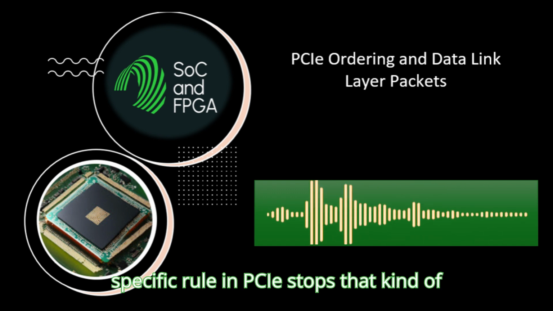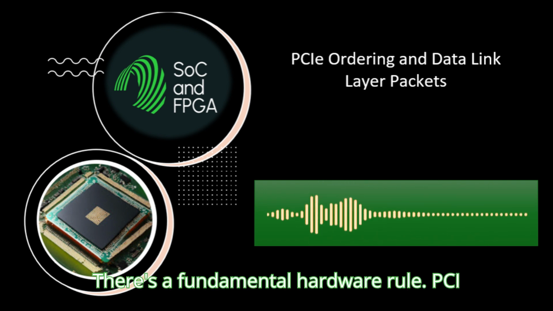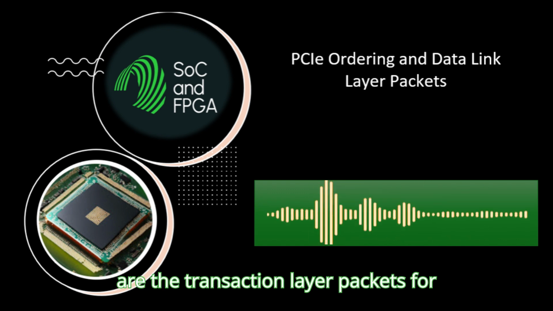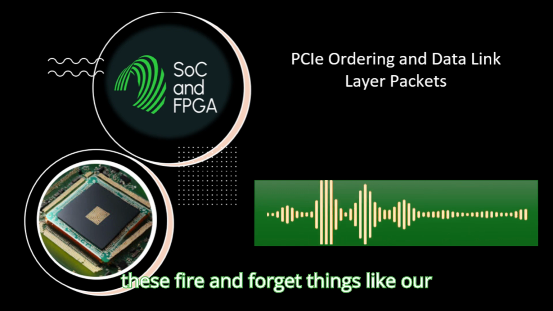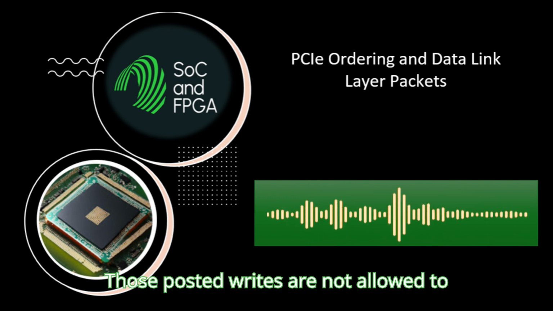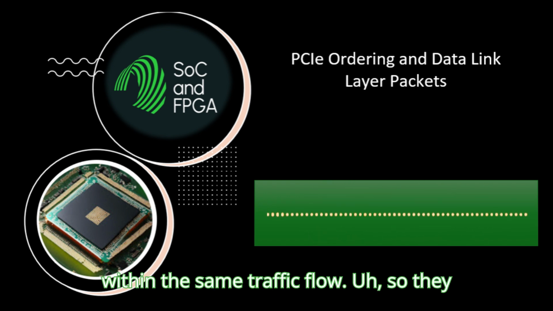So what specific rule in PCIe stops that kind of mess with these fire-and-forget writes? There's a fundamental hardware rule. PCIe specifies that posted write TLPs, those are the transaction layer packets for these fire-and-forget things like the data and flag writes, those posted writes are not allowed to pass other preceding posted write TLPs within the same traffic flow.